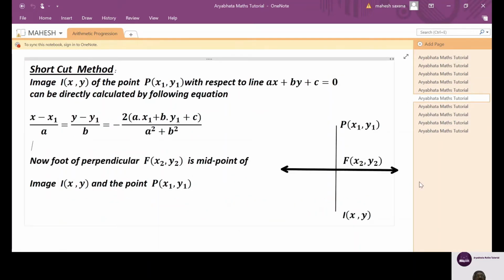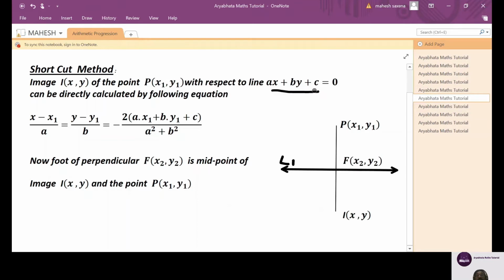Now in the shortcut method to find the image and the foot of perpendicular, let I be the image whose coordinates are x, y of a point x1, y1 with respect to a line L1 whose equation is ax plus by plus c.